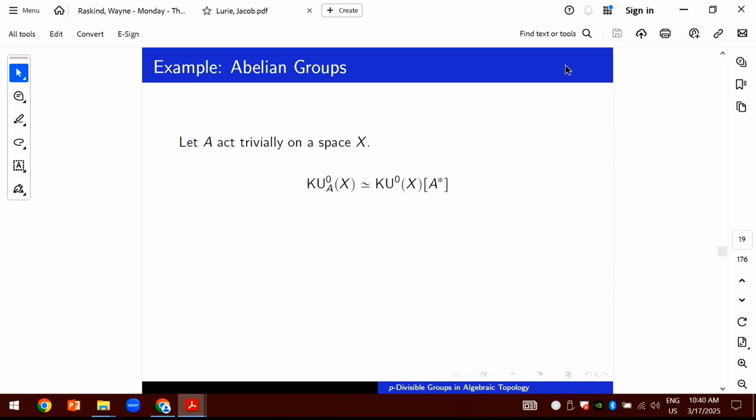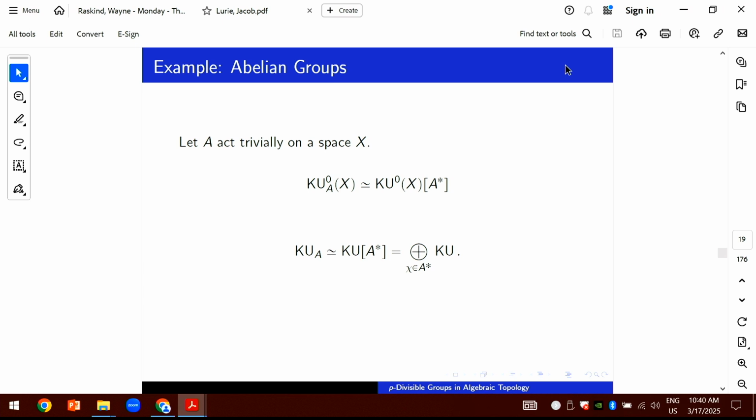That's a statement at the level of abelian groups, but I would actually like to think of it as a statement at the level of cohomology theories. So if I take KU_A, I'm thinking of that as a cohomology theory on topological spaces where I just let A always act trivially on the topological spaces.